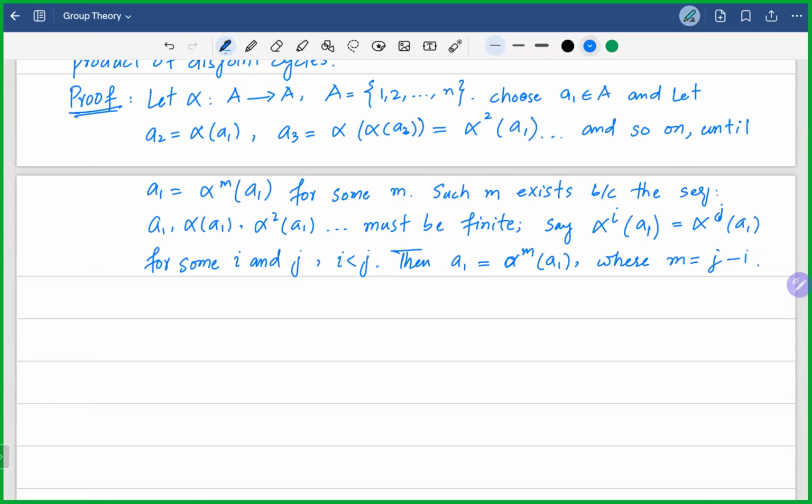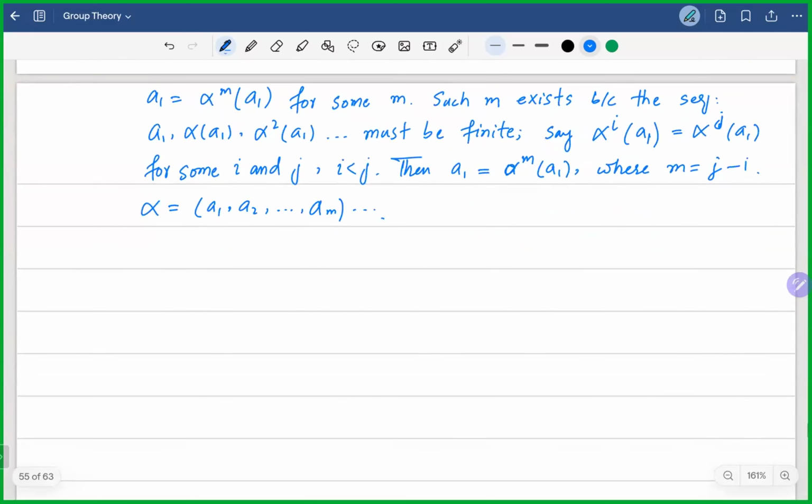Now we express this relationship among all these A1, A2, up to Am by saying that alpha can be written as (A1 A2 ... Am) and so on. The three dots at the end indicate the possibility that we may not have exhausted the set A in this process.